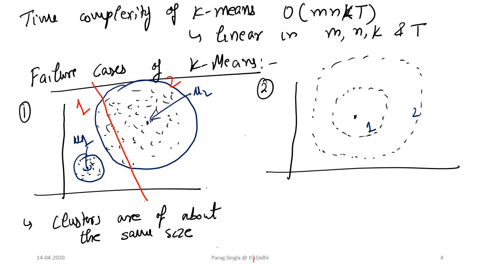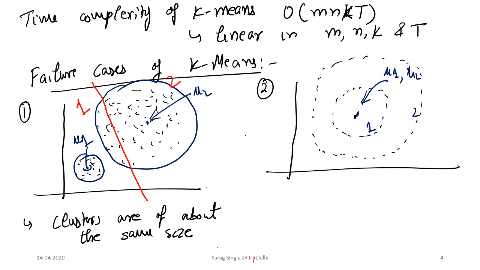Let's see what happens. If the points are exactly on the circles, then your mu1 and mu2 coincide with each other. And that's a problem, because if mu1 and mu2 coincide, then every point can belong to either of the clusters, because we assign a point to the cluster whose centroid is closest to that point. So this is a problem.